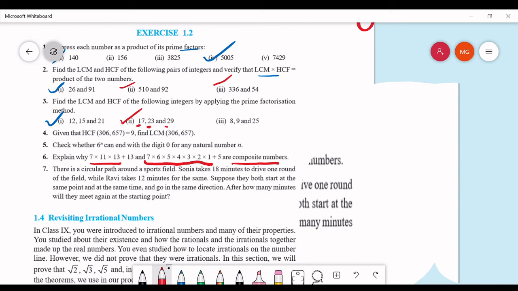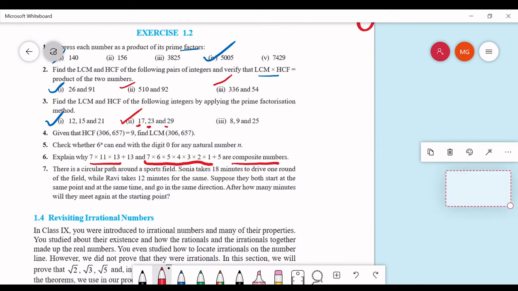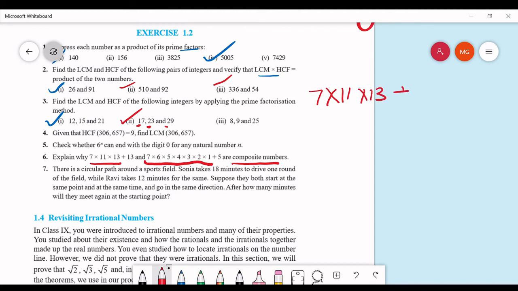Okay, so what has been provided? 7 multiplied by 11 multiplied by 13 plus 13, right? So you can see that you are having a plus sign here. So if I take this 13 common, you will be getting 13 multiplied by 7 multiplied by 11 plus 1, right?